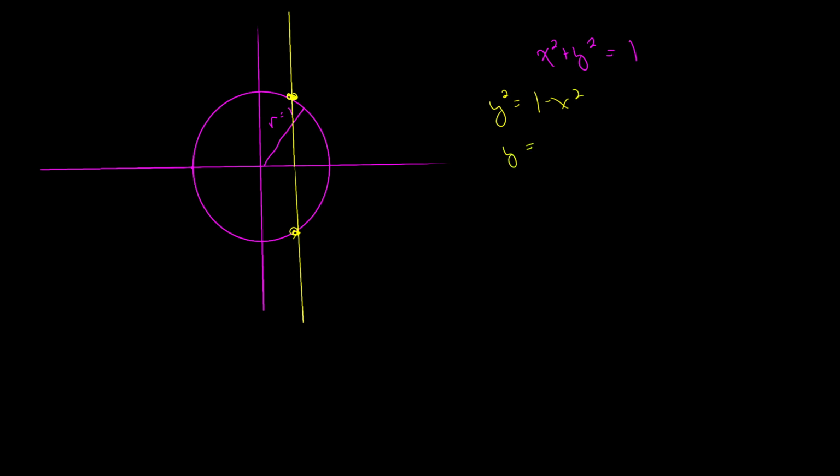Then I take the square root. When I take a square root, I get both the plus and the minus. And now I have two answers. There's the positive and the negative side of that. And so this is not a function, and we say it fails the vertical line test.